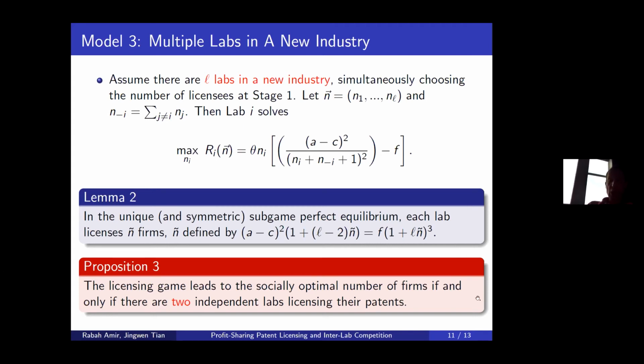Okay. So then we recover the result from the divisionalization literature that with K positive, it so happens that this very non-cooperative game in the end leads to a second best socially optimal number of firms.